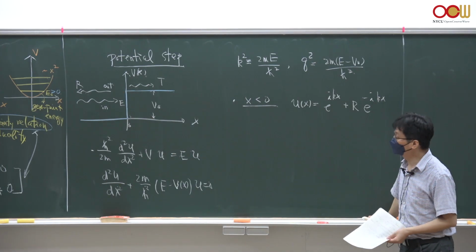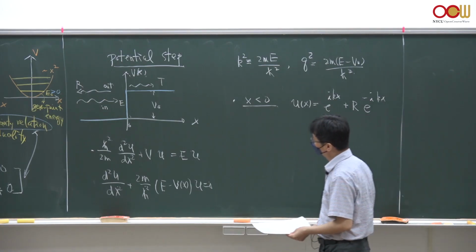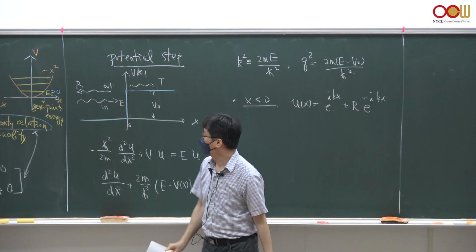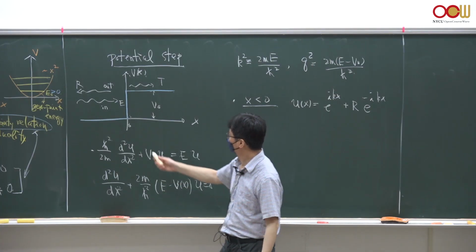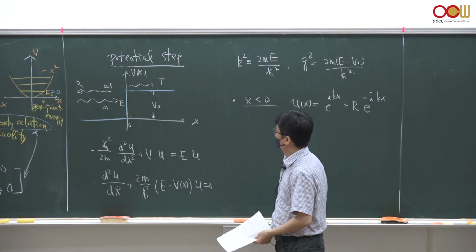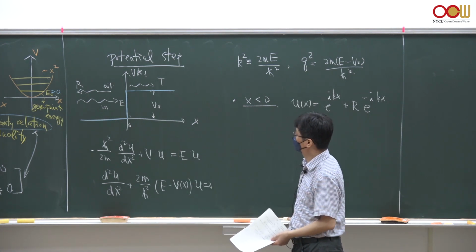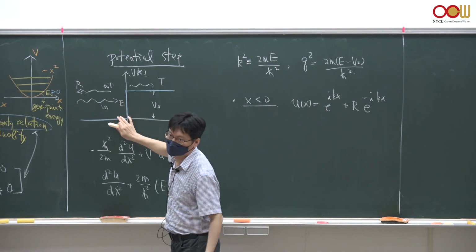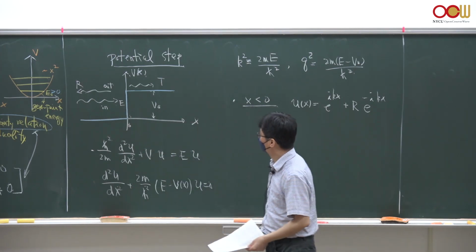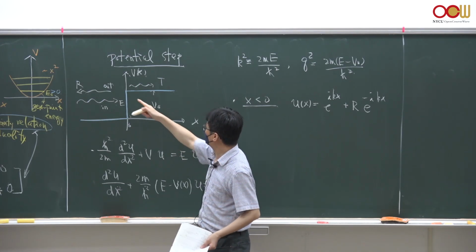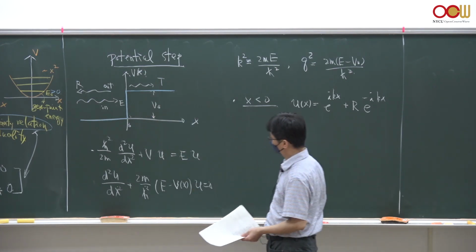Imagine you have a quantum particle that will hit this potential step, and it could get reflected, and it could also pass through this potential step depending on the energy of your incoming particle, right? So the energy, capital E, could be either smaller than V0 or larger than V0.